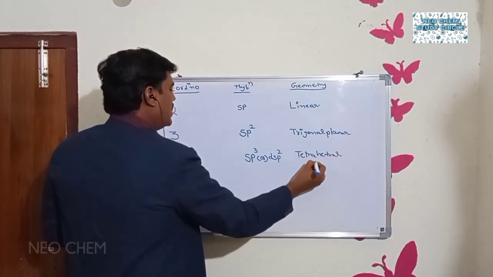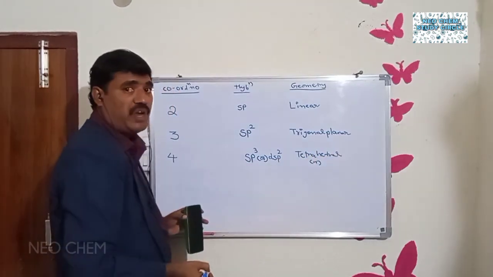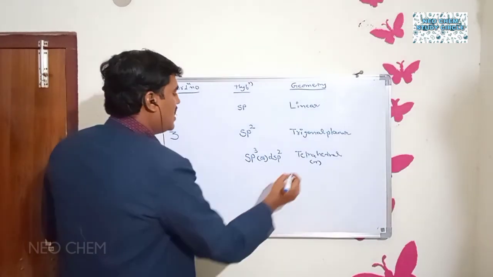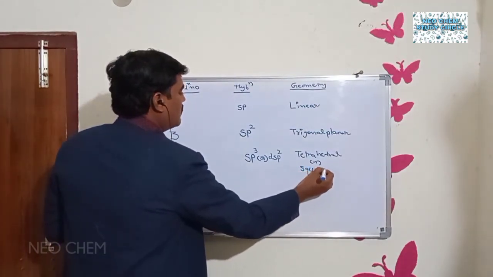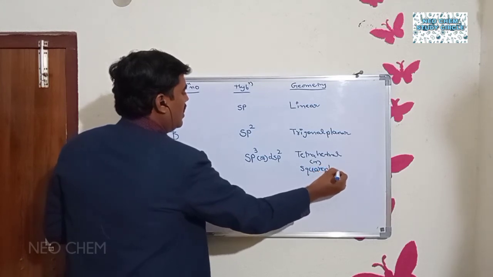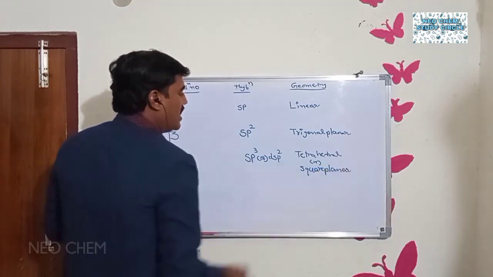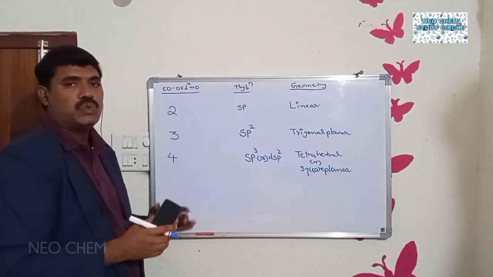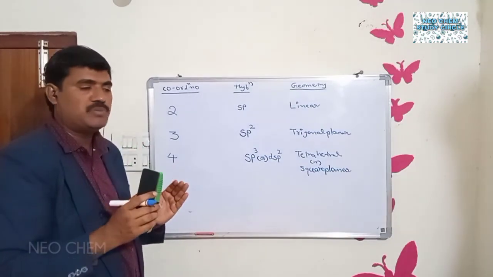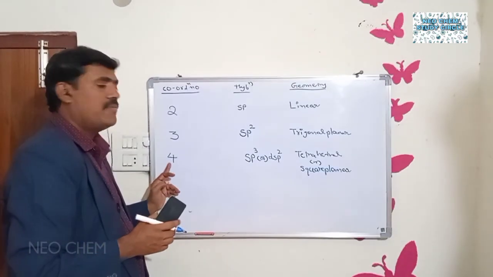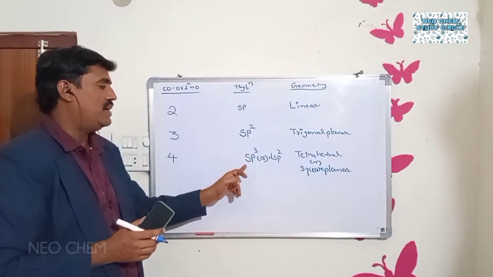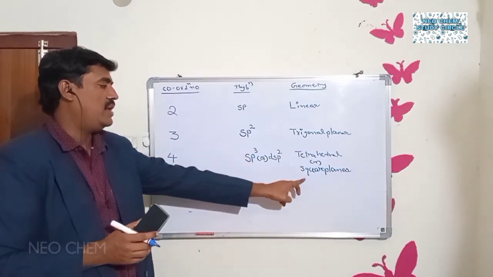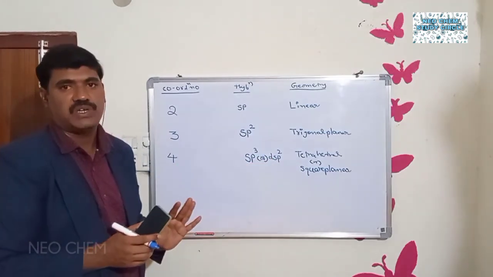Otherwise, if hybridization is dsp2, then the geometry is square planar. So, in complex compounds, two types of geometries are possible with coordination number 4. One is tetrahedral with sp3 hybridization. Another one is square planar with dsp2 hybridization.